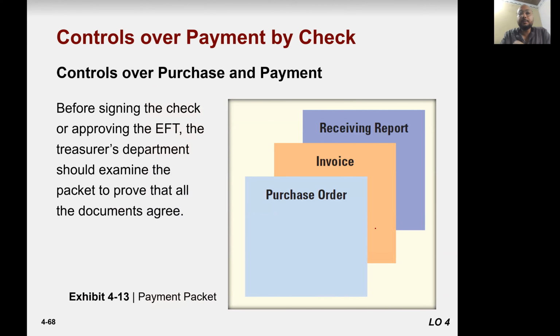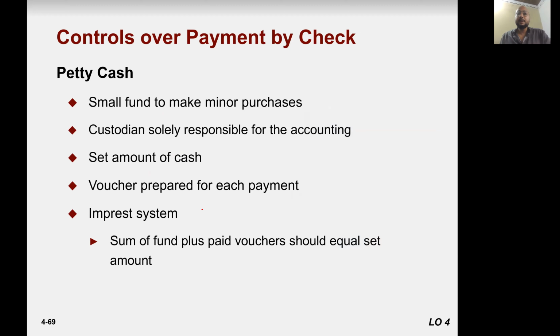So for control over purchases and payments, before signing the check or approving the EFTs, the Treasury Department should examine the packet to confirm all documents are approved and agreed upon, so that they can issue cash.